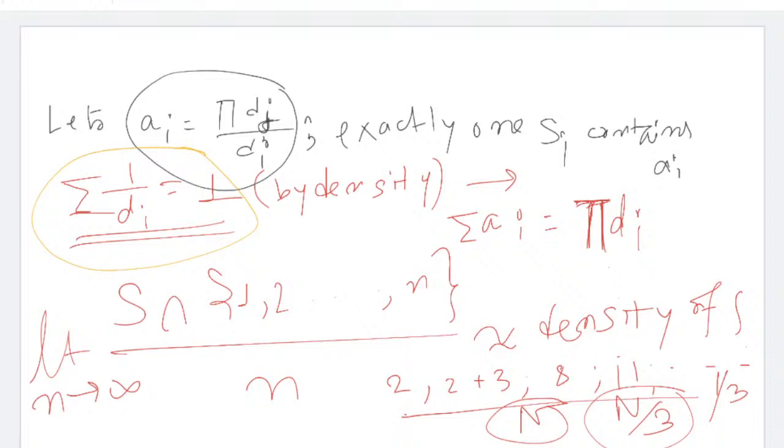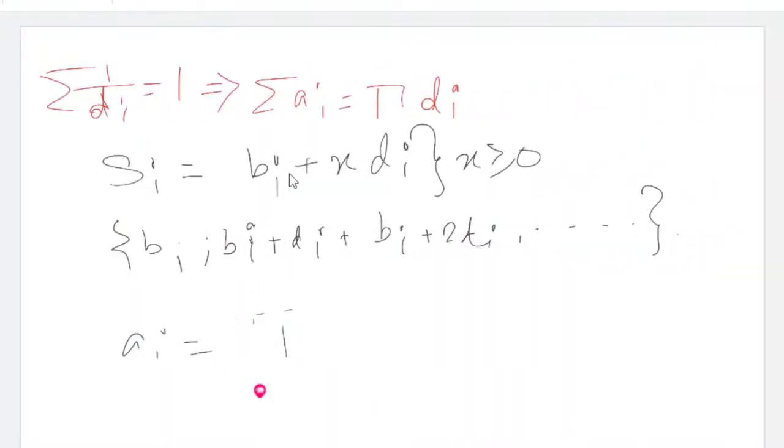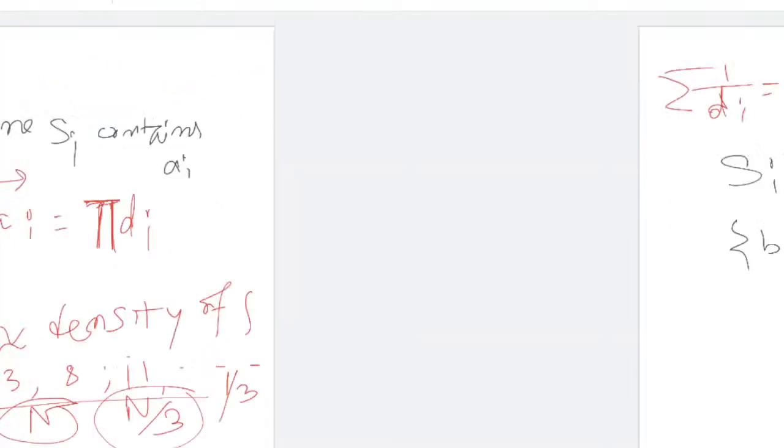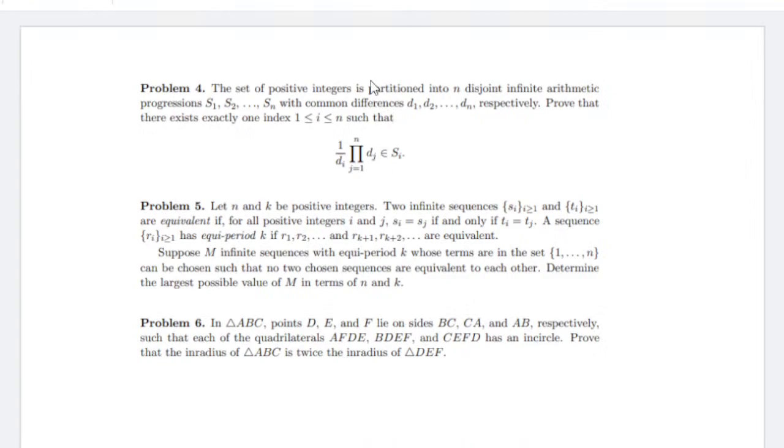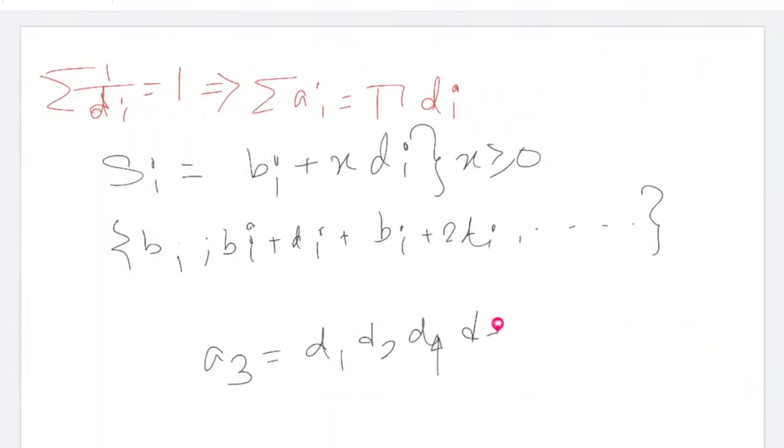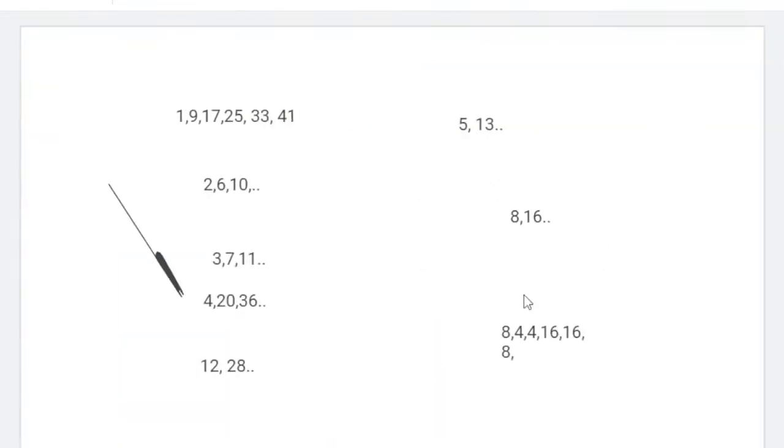AI is defined, if we turn to page 3, as basically a product of a lot of integers, and the integer is already present. A3 is D1, D2, D4, D5 up till DN. Right, never mind. It's just a product.